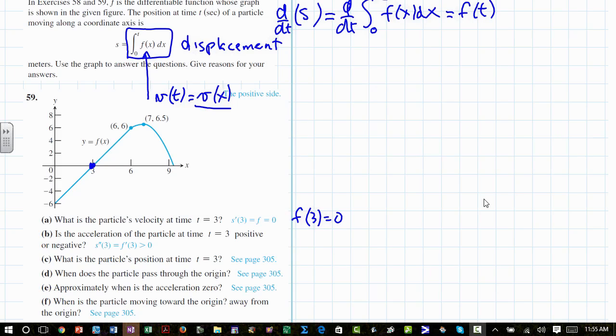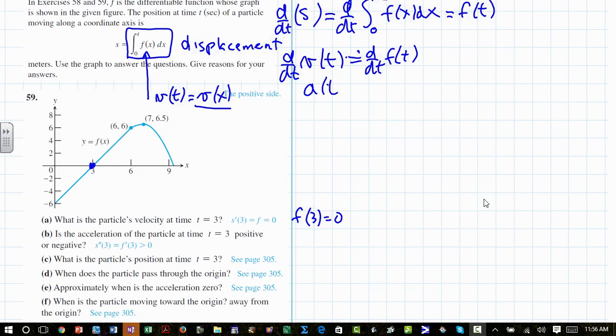What is the acceleration of the particle at time 3? Well, wait. We've got that the velocity is f of t. How do I find the acceleration? Take the derivative of velocity. So, let's go ahead and do that. Let's take the derivative of f of t.